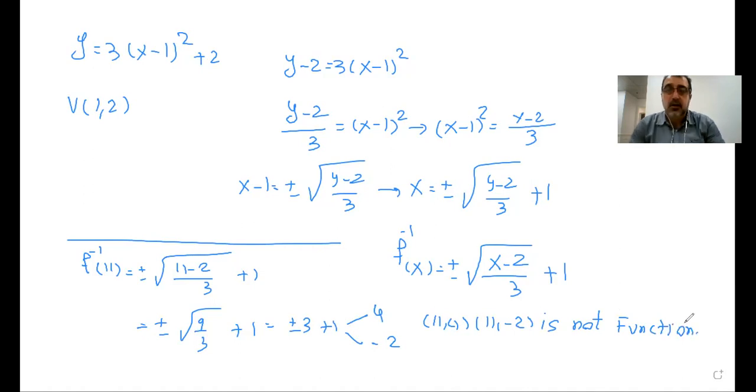Okay. I'm going to write 2 or 3 questions for you as your turn. Try to do them and enjoy learning math. Determine the inverse of these functions.